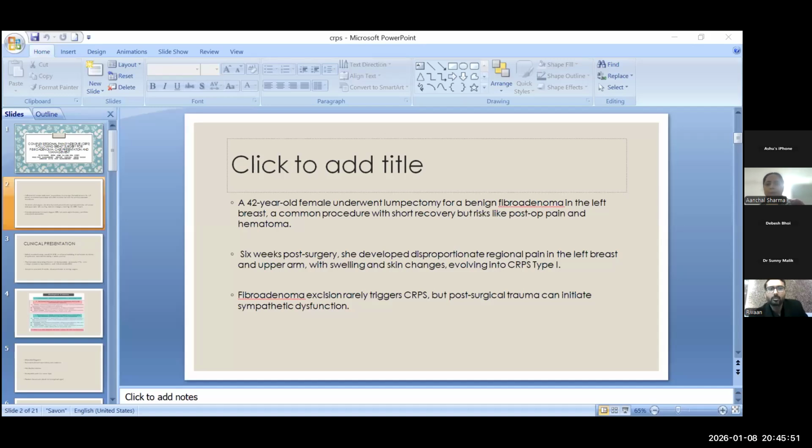Good evening, everyone. So I'm presenting a case of complex regional pain syndrome, which followed a breast surgery for fibroadenoma. This was an international patient, a 42-year-old female, who underwent a lumpectomy for a benign fibroadenoma in the left breast, a common procedure. But she developed severe pain 6 weeks post-surgery, which was quite disproportionate, with swelling and skin changes over the breast.